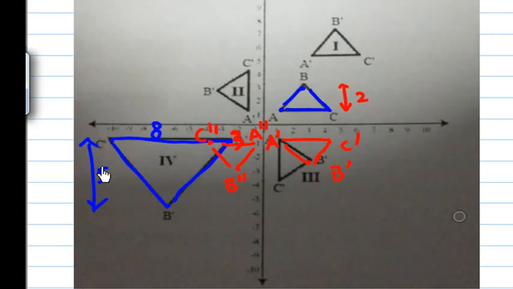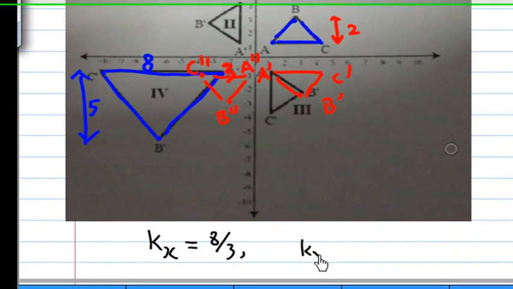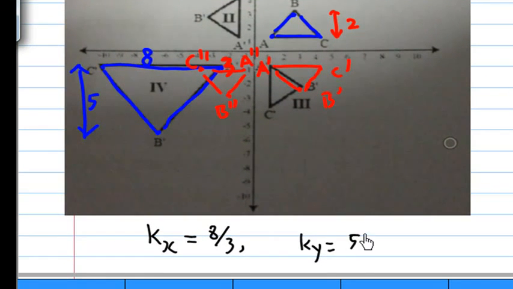Therefore, the scaling in the vertical direction is 5 to 2. So the third one will be a scaling. I can write down: horizontal scaling factor is 8 to 3, vertical scaling factor is 5 to 2.